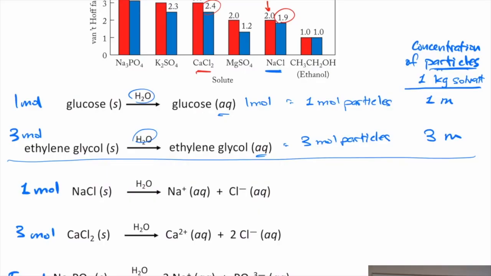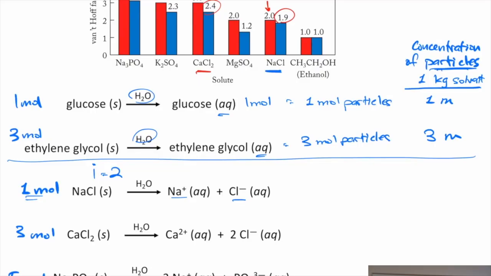So we've got two things to think about. We need the i factor, the van 't Hoff factor, and then we'll apply that to the starting concentration of the compound. So the i for sodium chloride is 2. We already looked at that one. So if I start with 1 mole of sodium chloride, it's going to fall apart into 2 moles of particles in solution.